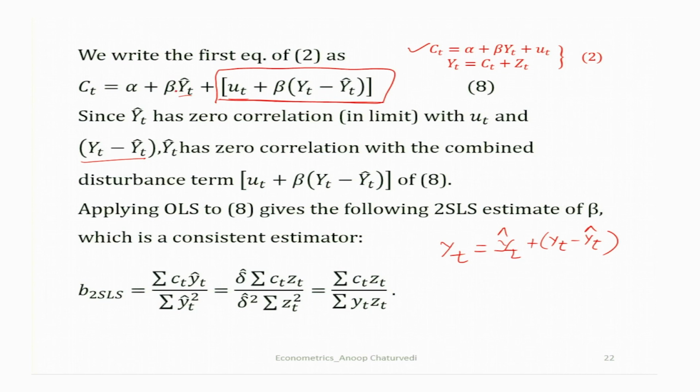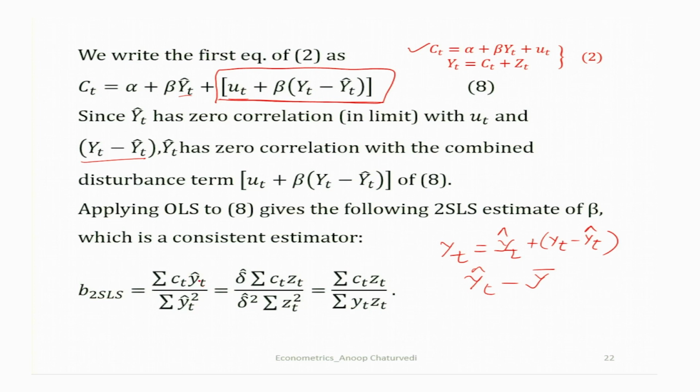So, you can apply the OLS procedure for estimating beta here. If we apply the OLS procedure to this equation, this gives the two stage least squares estimate of beta, which is a consistent estimator, and the estimator is say B 2SLS equal to summation C t y t hat, where this y t hat is actually capital Y t hat minus y bar, divided by summation y t hat square, and then we substitute the value of y t hat.